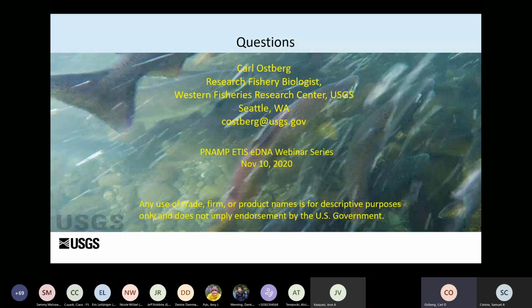It can tell you about the physiological status of a fish. It can tell you what the health is, whether they're fighting a disease. It can tell you whether they're stressed, if there's hot water in the Columbia River and they are really being stressed out, there may be high expression of heat shock genes, things like that. So it tells you a bit more about the biology of the organism than just straight eDNA.